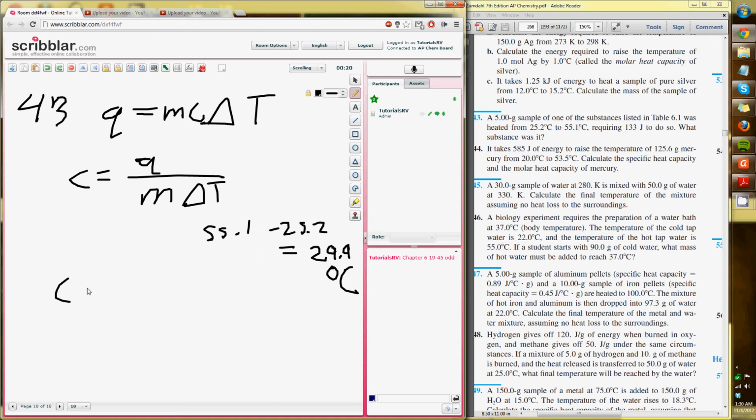So C is equal to Q, which was 133 joules, over M delta T, 29.9.